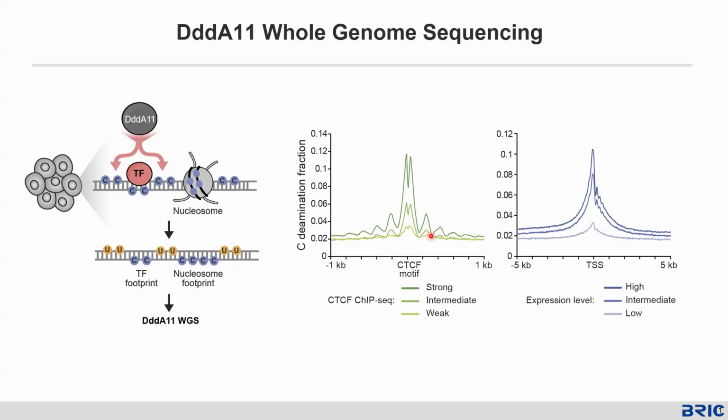Also, it shows the nucleosome phasing patterns around these regions, showing that nucleosomes are bound around this center. Therefore, these results demonstrate the ability of DddA11 to mark accessible chromatin by mutational profiling.